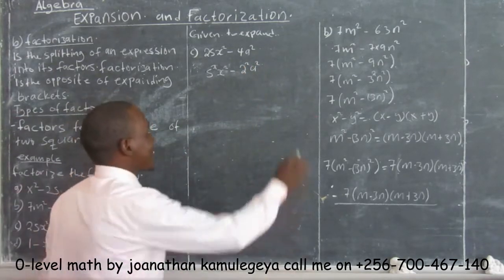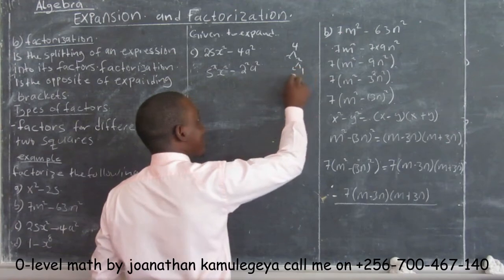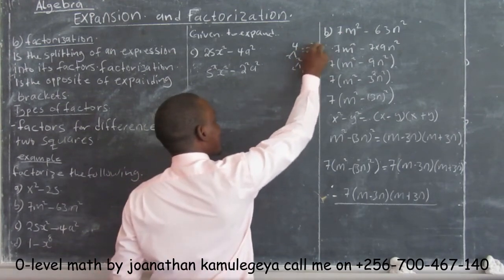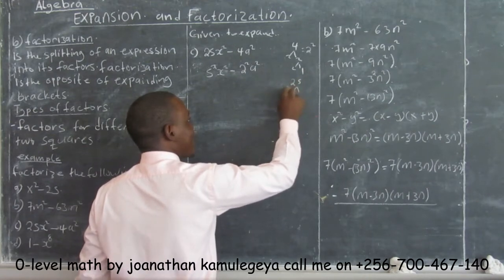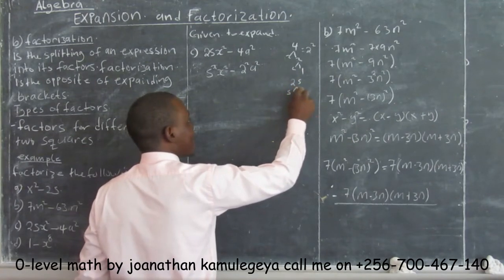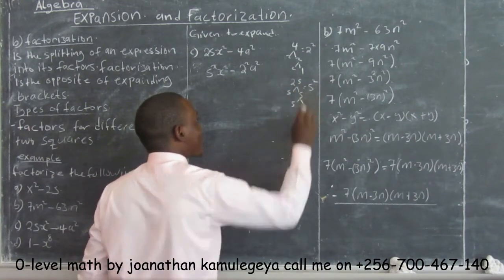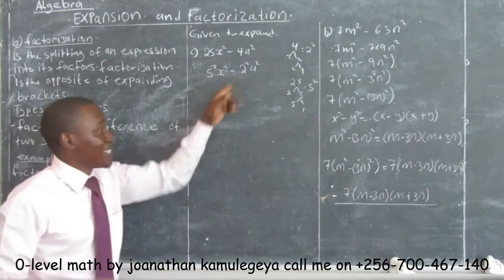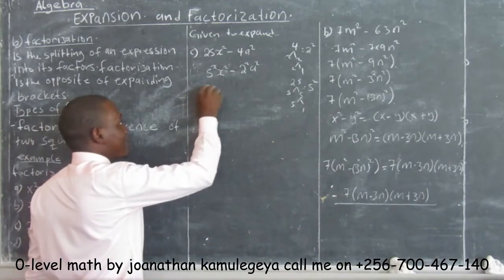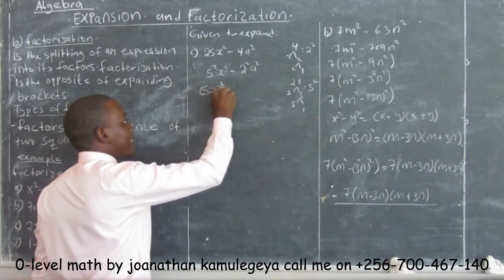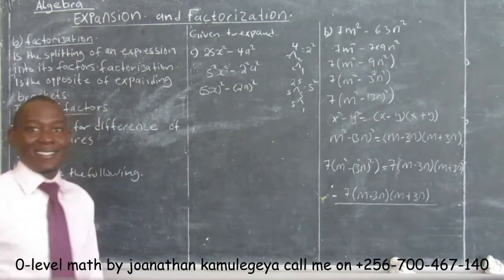You know very well that 4 divided by 2 you get 2, by 2 you get 1, meaning that is the same as 2 squared. Also 25, by 5 you get 5, and by 5 you get 1, the same as 5 squared. That's what we substitute there. Meaning that here we have something like (5x) squared minus (2a) squared.